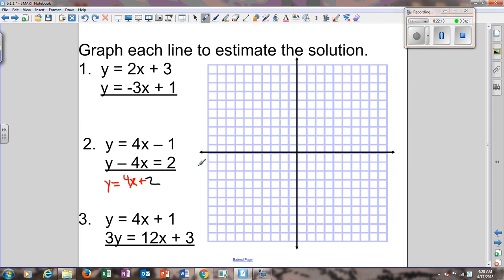Also, on your homework tonight, they'll all already be in slope-intercept form for you. Tomorrow's homework, not going to be the case. Okay, so you go down 1, make a dot, go up 4, and right 1. Make a line through those points.